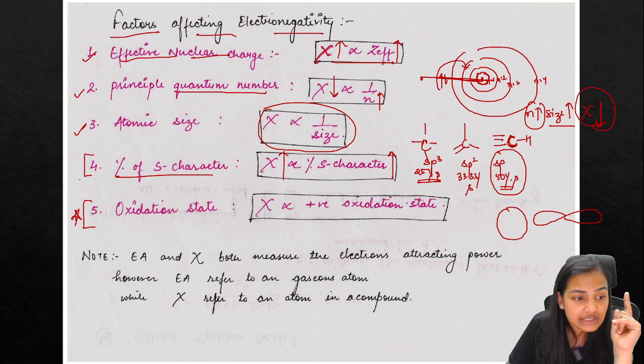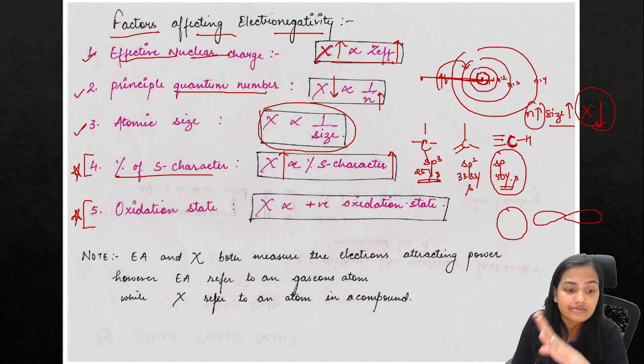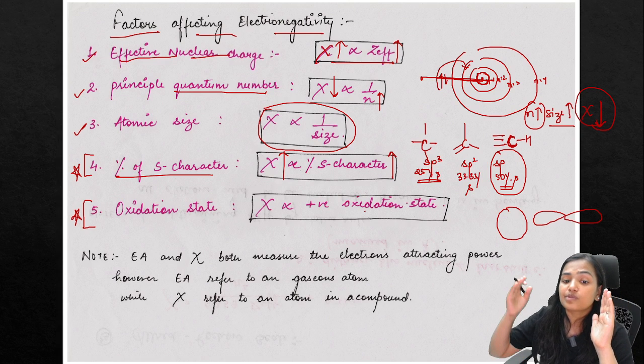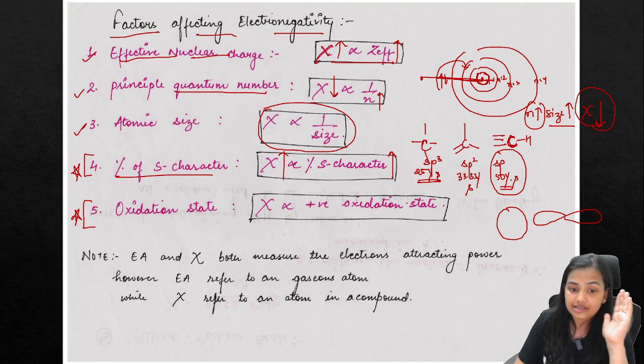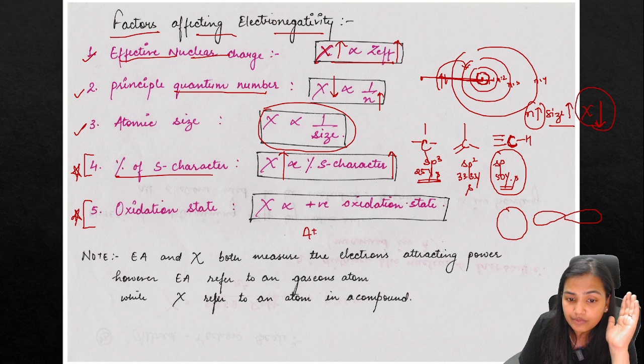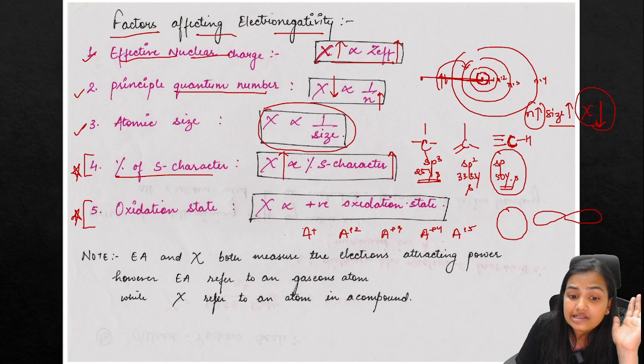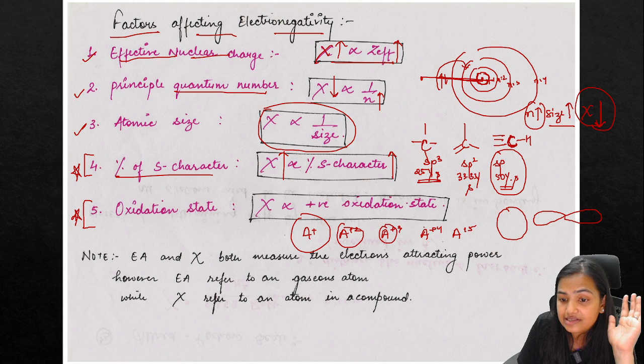Oxidation state, so please mark this with a star and always remember the points. As and when the positive oxidation state increases, let's say here I am having A plus, A plus 2, A plus 3, A plus 4, A plus 5. As the positive oxidation state increases, the size of the atom decreases. I already talked about the ionic sizes, right?